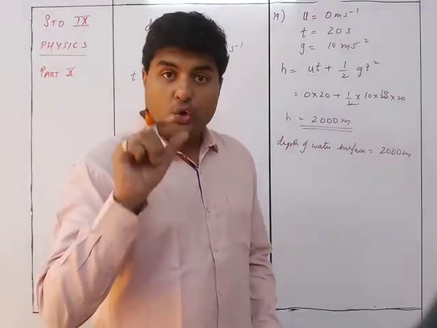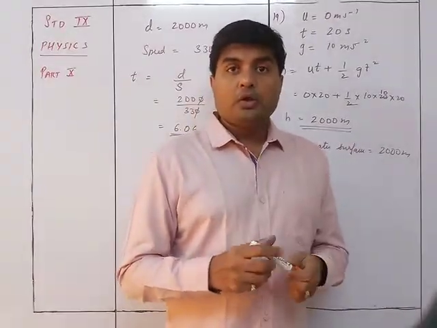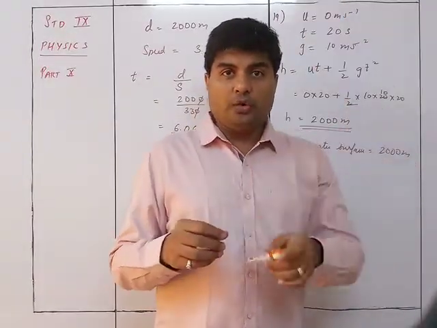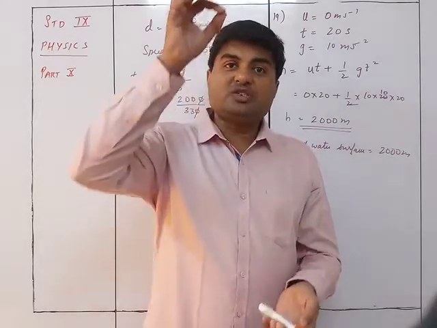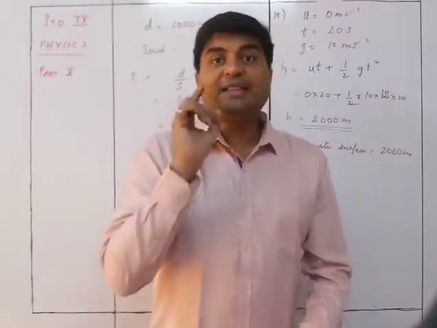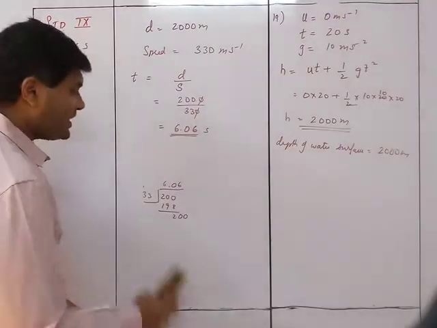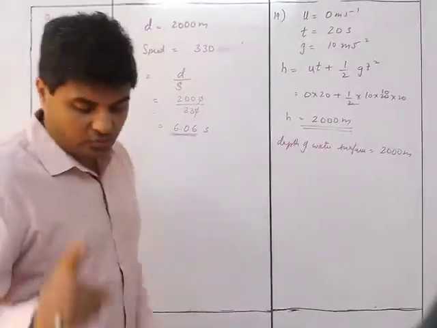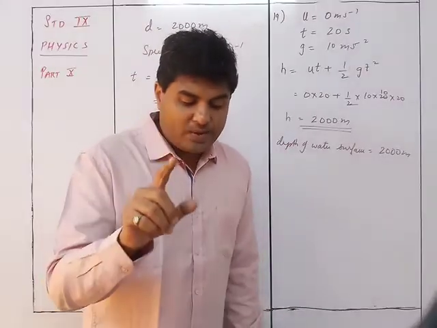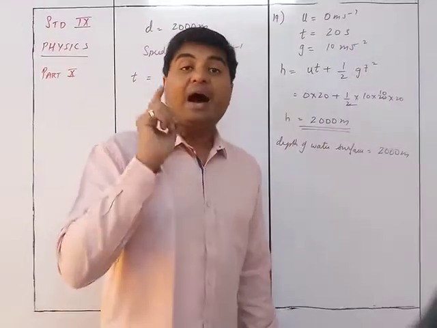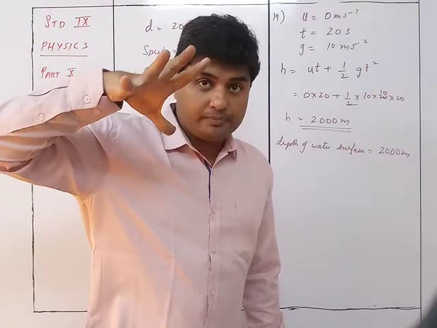So when are you going to hear it? You threw the stone, for 20 seconds it traveled downwards, and then 6 seconds the sound traveled upwards. So what is the question? The question is the time when echo is heard after the pebble is dropped.